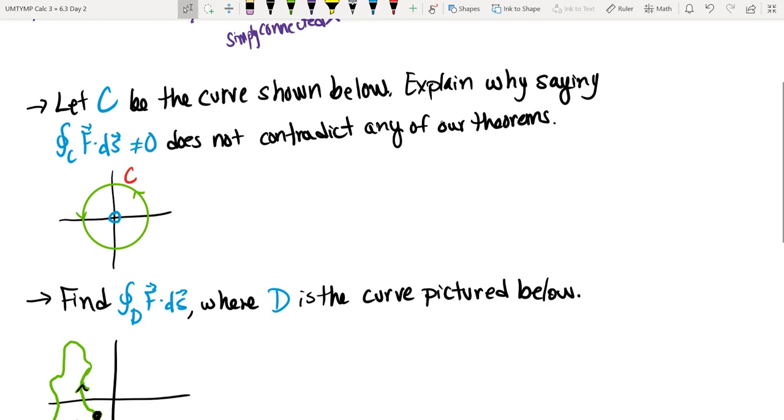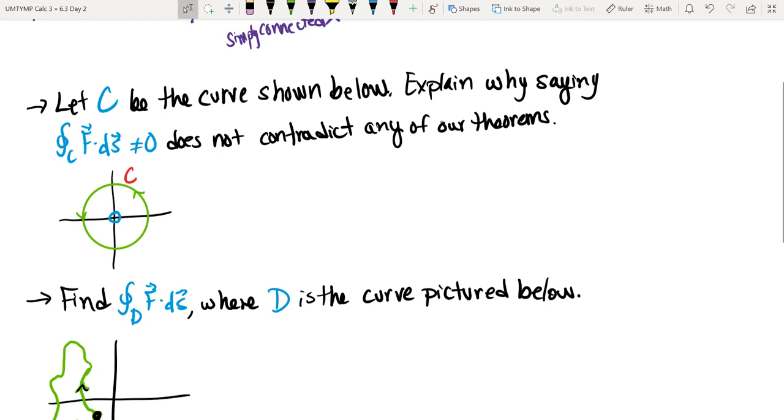And so if we talk about the circulation not equaling 0, why does that not contradict any of our theorems? Okay, so if we think about this for just a moment. For our theorems, if the circulation is not 0, remember that was the same as it being path independent, it being conservative, right?